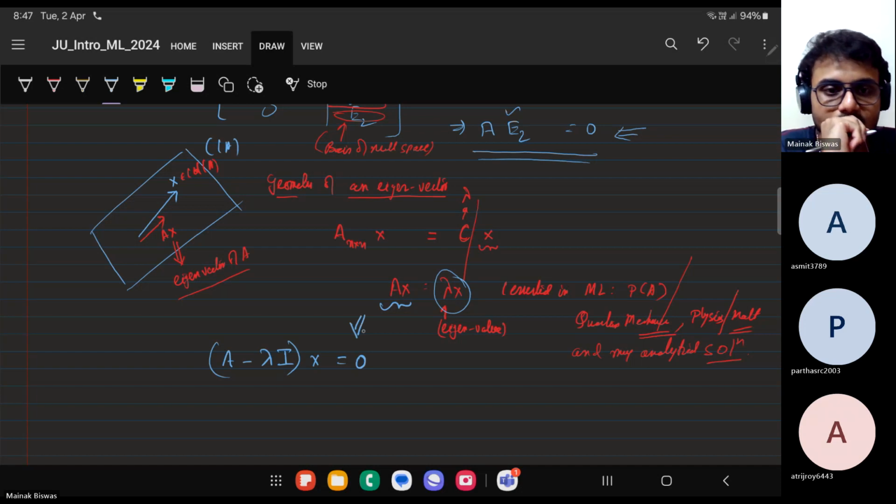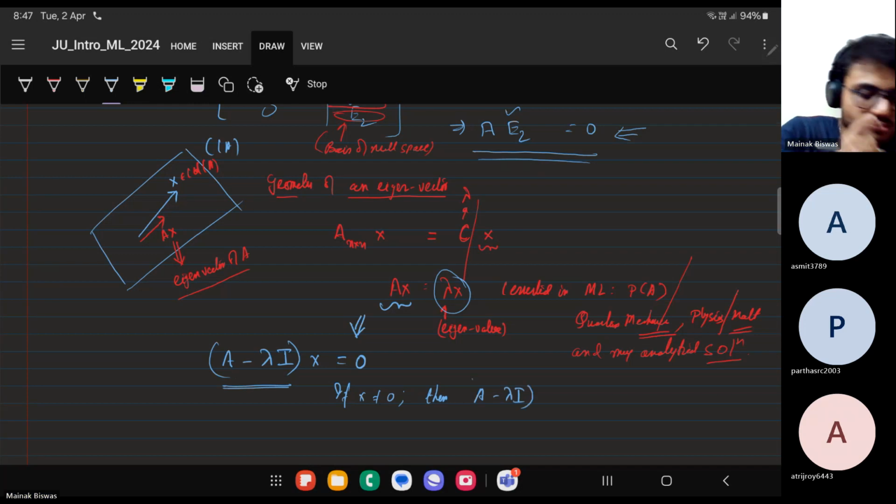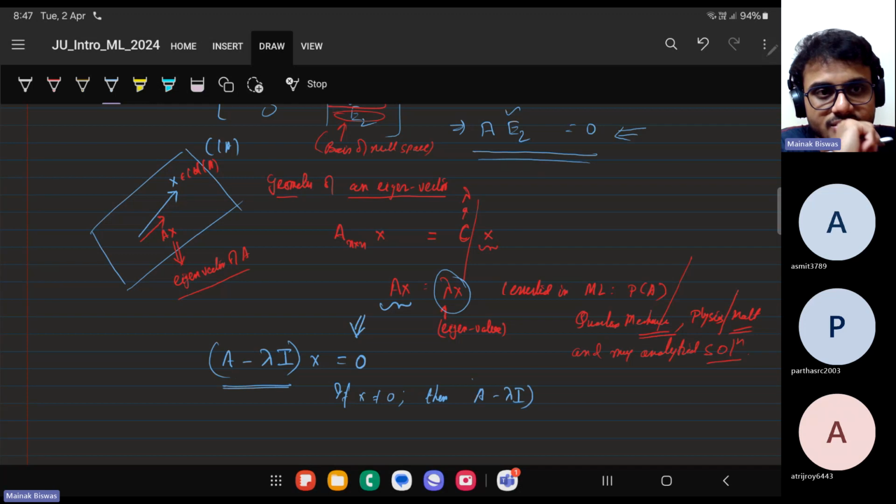So what does this mean? It means that if x is not equal to 0, then what will happen to A minus lambda I? It should be 0.